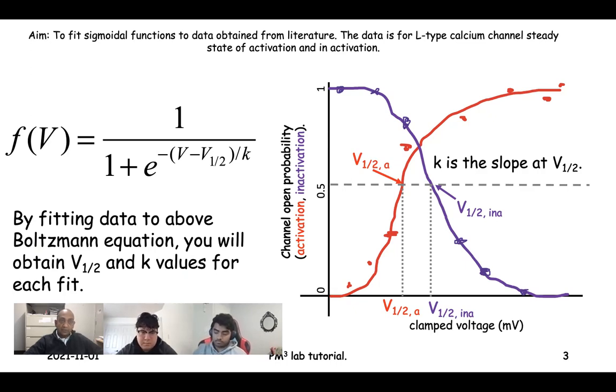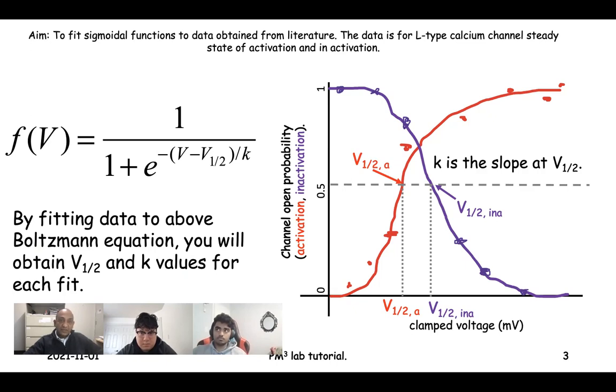Regardless, these steady states of activation and inactivation are summarized in the formula of the function written in the top left-hand corner of the slide. It reads as 1 divided by a large formula, and the large formula is 1 plus exponential of minus (v minus v half) divided by k.